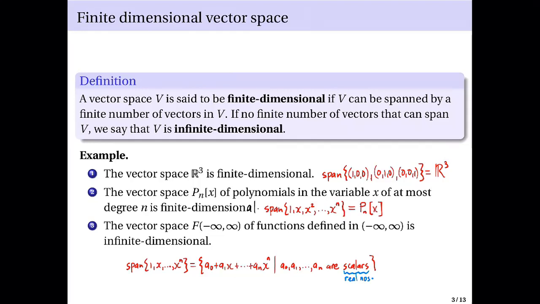It's still a polynomial of at most degree n. And this is precisely your Pn in the variable x. So the span of this is equal to this. So that's your span in number 2.